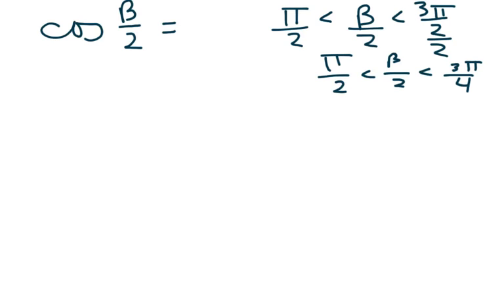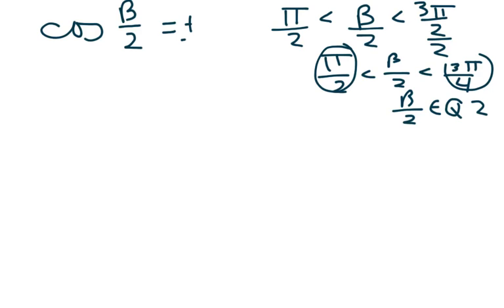This is 135 degrees. This is 90. So beta over 2 belongs to quadrant 2. Well, cosine is negative in quadrant 2. So our formula generally is plus or minus square root of 1 plus cosine of beta over 2. But since we're in quadrant 2 and cosine's negative, I'm going to change this to a negative. So the negative is going to be outside here.